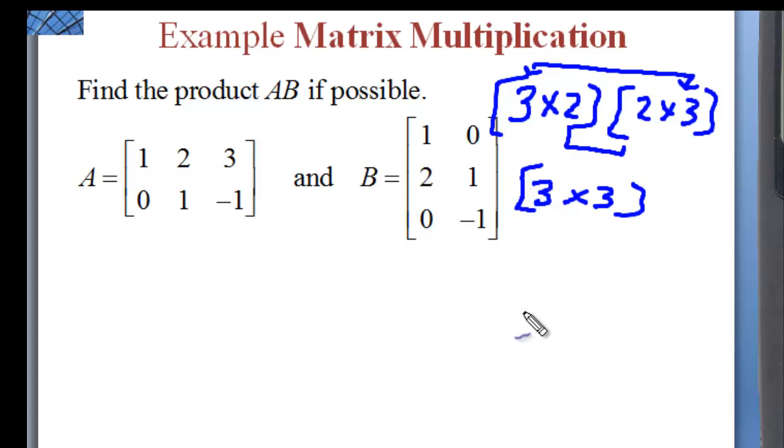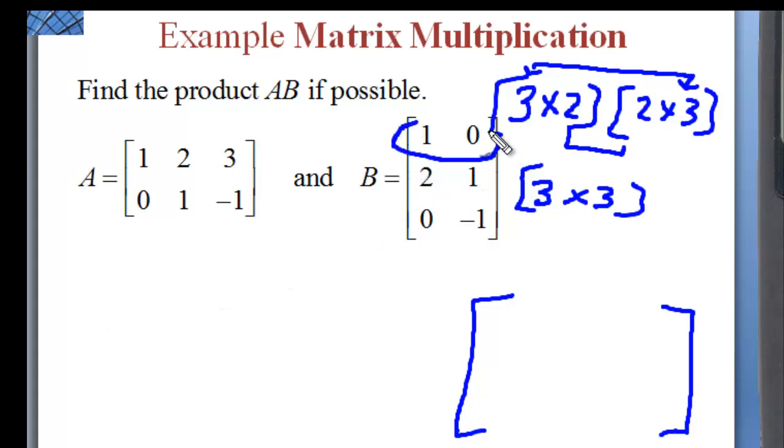So we will start off, I'll go ahead and put our answer here, 3 by 3, and our workspace on the left. We start off with the first row, and then we'll go with each of the columns. So we'll have 1 times 1 plus 0 times 0, which will give us 1.